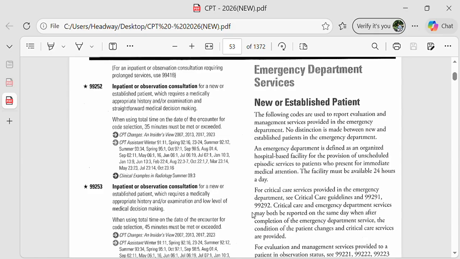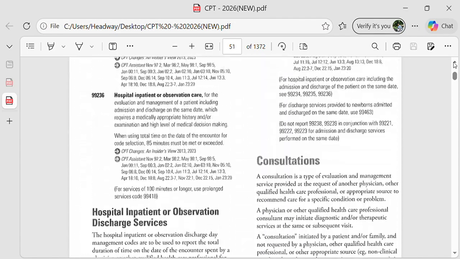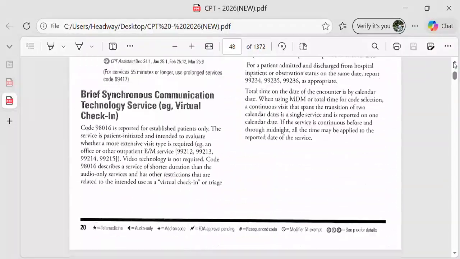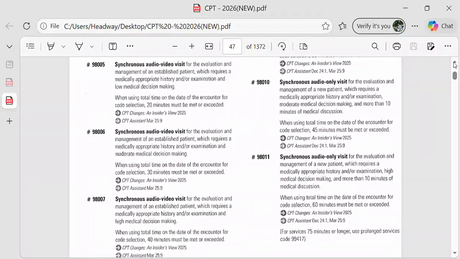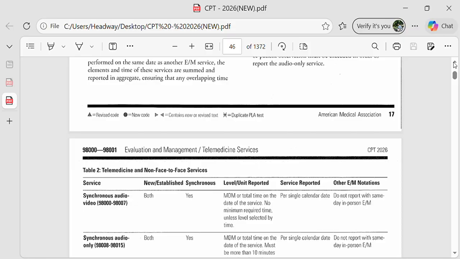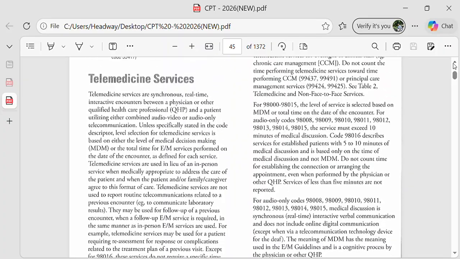In the medical decision making, there are three elements mainly. The first one is called the COPA. Wait, I'll show you the table.